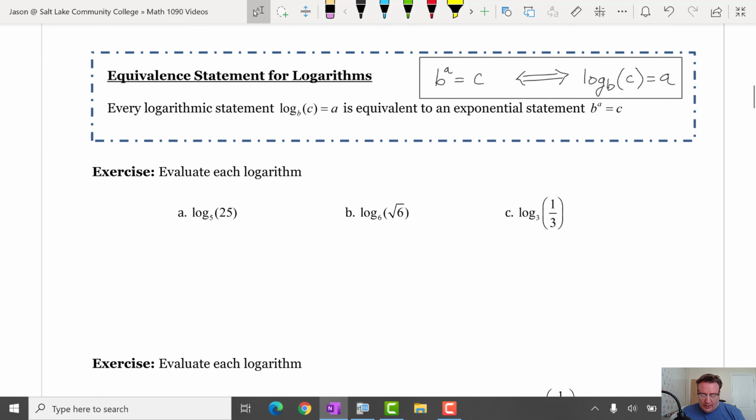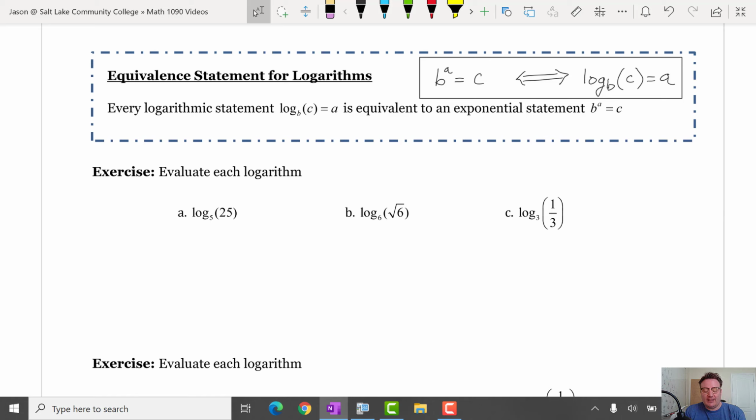Okay, so I've touched upon this already, but the key way to understand logarithms is via exponentials. So this is the key idea. Every logarithmic statement, such as log base b of c equals a, is equivalent to an exponential statement, b to the a power equals c.